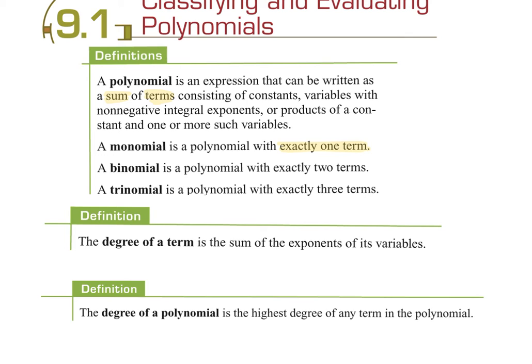Right? A binomial. That's a polynomial with exactly 2 terms. Bi, meaning 2. And then a trinomial also makes sense. A polynomial with exactly 3 terms. Tri.